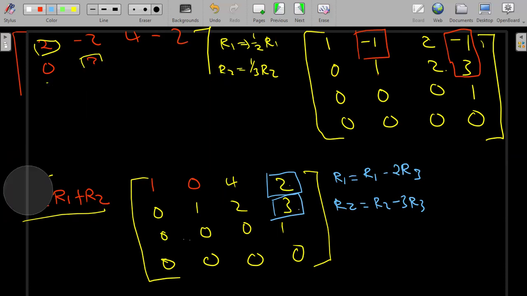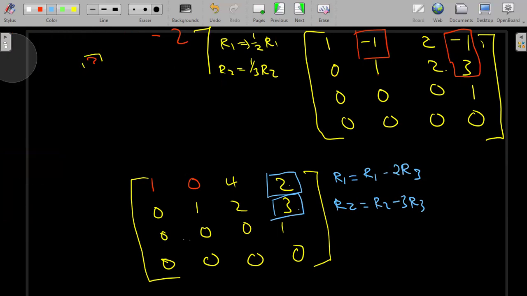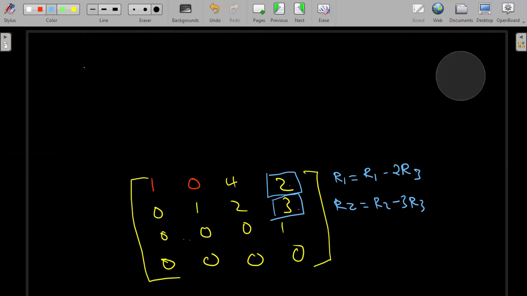So let's erase this so that we have space on top. What are we going to have now? This row 1 is changing. Remember it's row 1 minus 2 row 3.